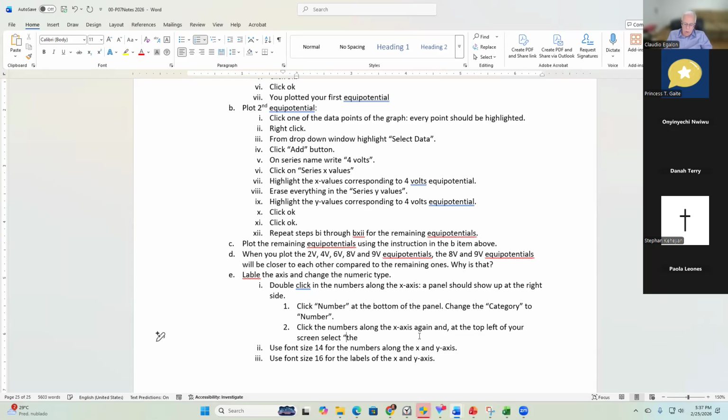When you select home, you'll be able to see the font type.